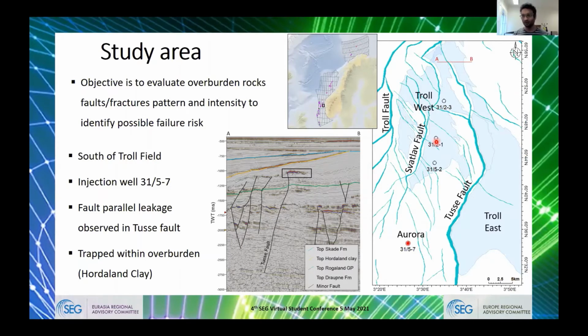It's more of a fracture than a fault, though it's a fault, with very small displacement. Our confidence is that because it's sealing for the Troll gas field, it's sealing for our CO2 injection as well. But definitely we will add a few minor faults in my geomechanical model along with the major faults.